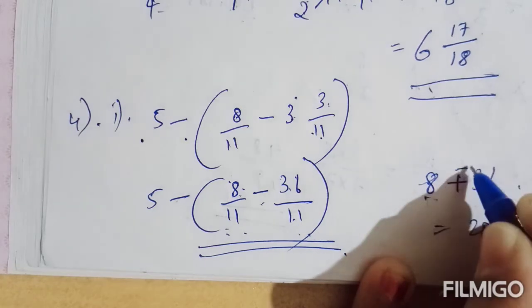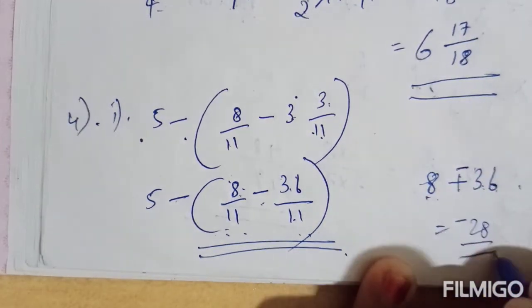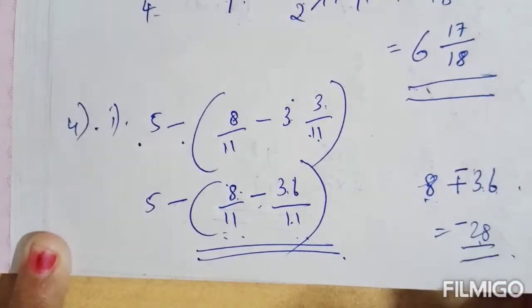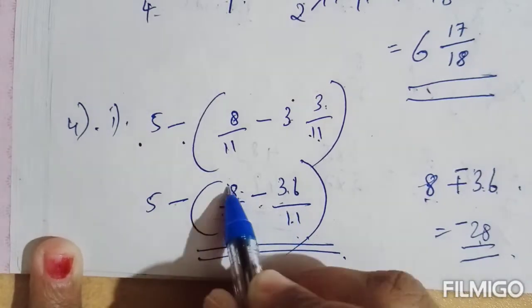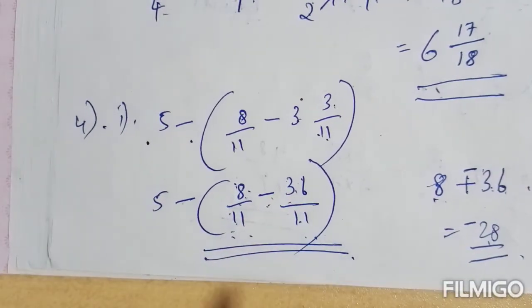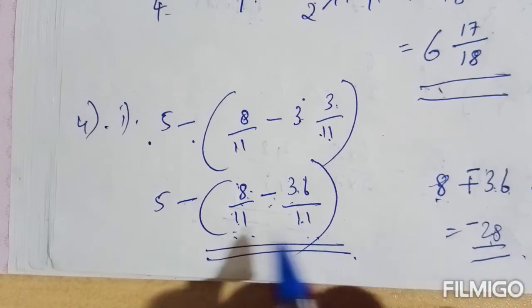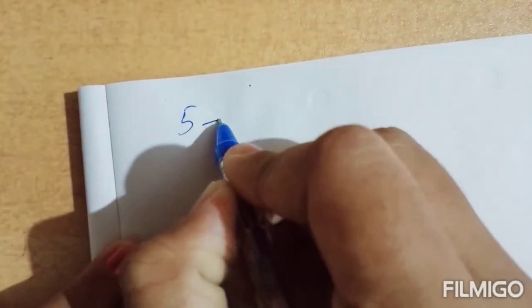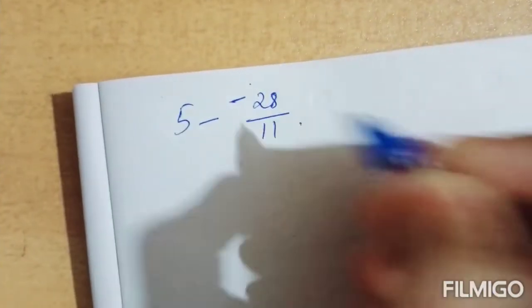Greater number is 36, its sign is negative, so minus 28 you will get. So here on solving this 8 by 11 minus 36 by 11, it will be minus 28 by 11. 5 minus 28 by 11 it is.